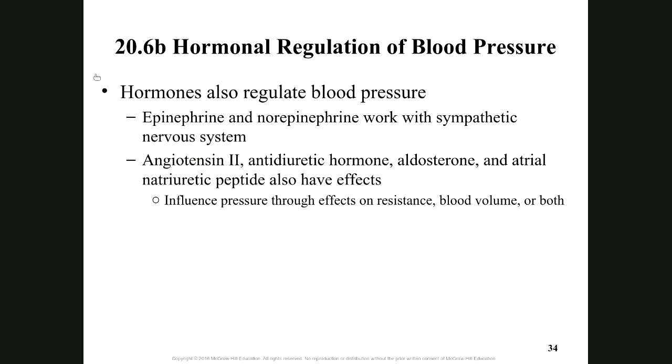We have angiotensin 2, I will talk about it, antidiuretic hormone or ADH, aldosterone from our adrenal gland, and atrial natriuretic peptide from our heart can affect our blood pressure. They affect the resistance, blood volume, or both of them.